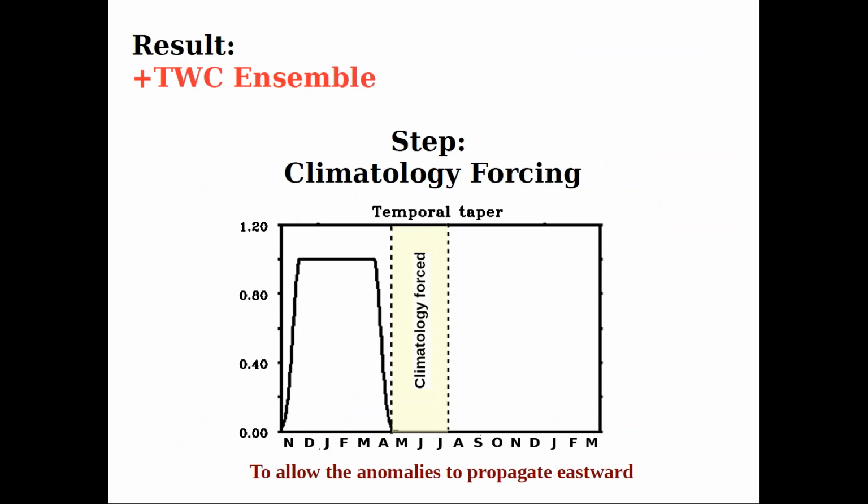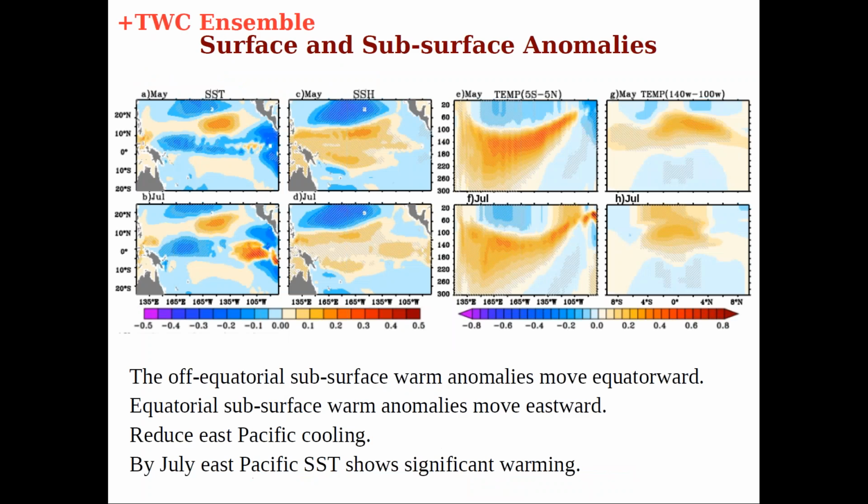Now we allow this charge, or subsurface heat content, to propagate eastward. We allow it to propagate with climatological forcing, so we didn't give any other anomaly forcing. There is no wind pattern here, but there is a movement of the equatorial Pacific thermocline toward the east, while the subtropical one propagates westward due to the Rossby wave response.